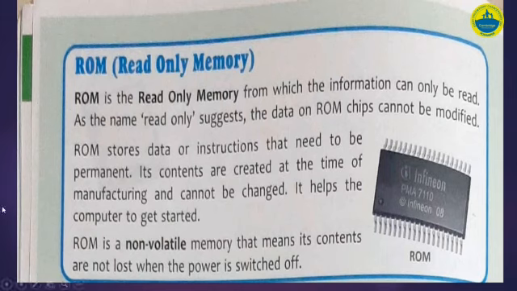ROM stores the data and instructions that need to be permanent. Its contents are created at the time of manufacturing and cannot be changed. It means when the manufacturer made this ROM, it stored some instructions in it and they will remain there. It is also non-volatile memory, which means when the power is switched off, the content will not be erased.